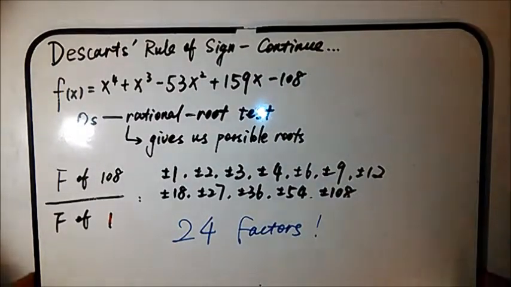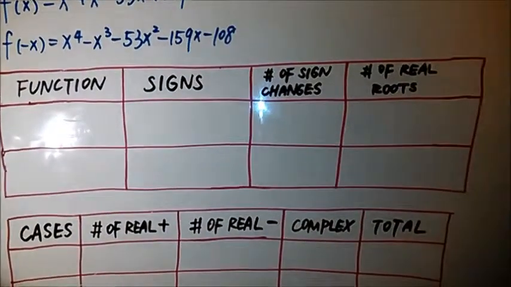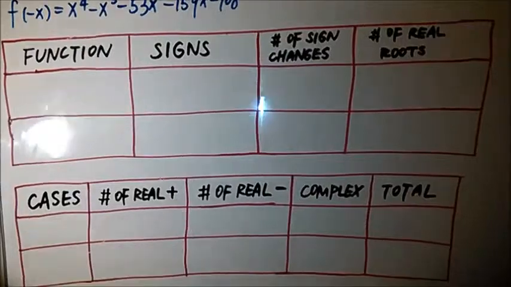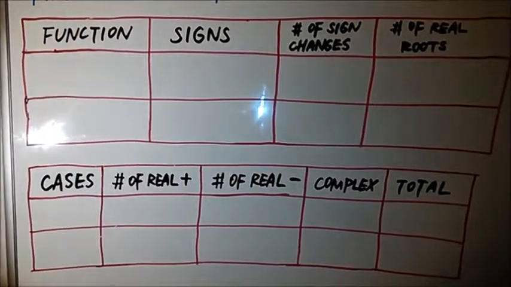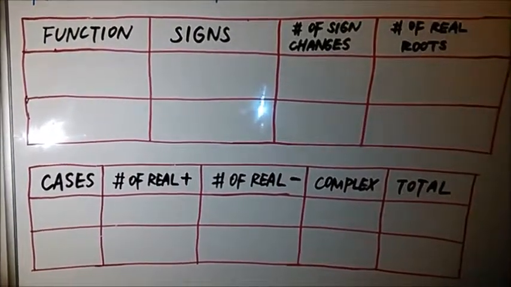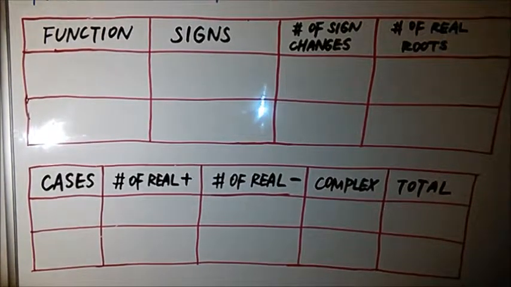So here's a Descartes' rule of signs chart that you can write down. It's going to be your template that you should always use whenever you are finding the zeros, roots or solutions of polynomial functions.